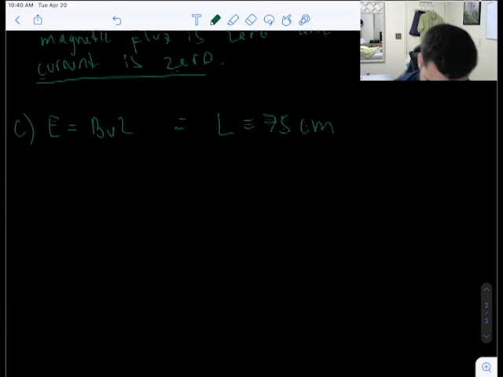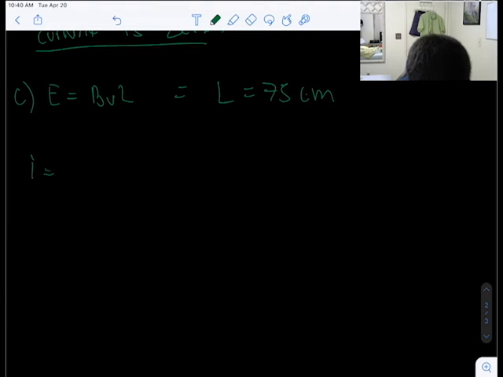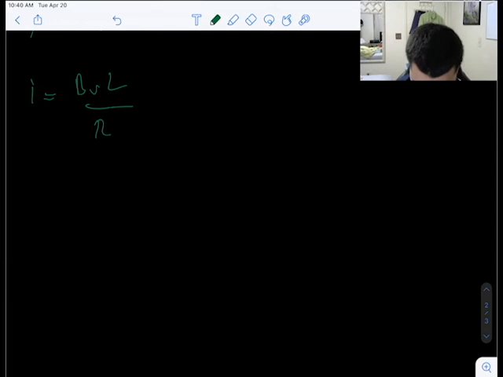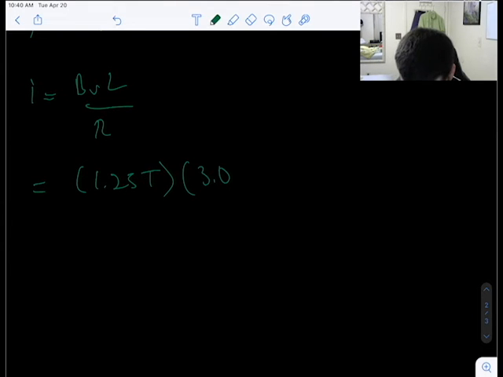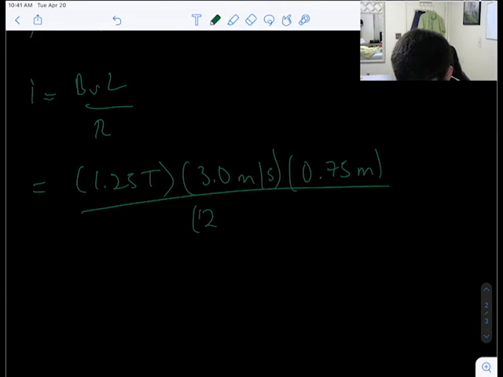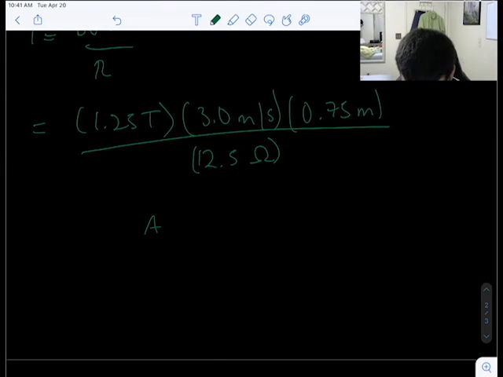So our induced current is BVL over R, the same formula we already used. This will give I equals 0.225 A.